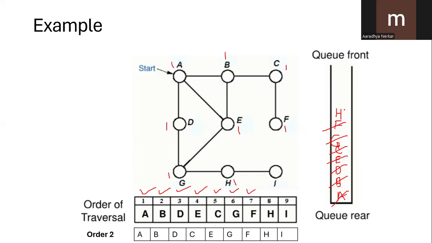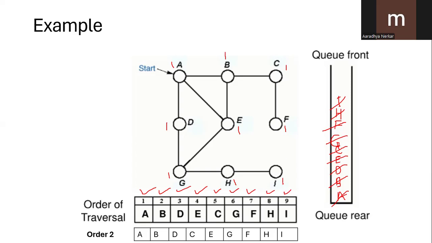So after dequeuing, display it and check all its adjacent vertices. The only adjacent vertex that is not yet visited is vertex I. So enqueue it in the queue, and repeat the process. So dequeue that, and after dequeuing, we will display it and check its adjacent vertices.